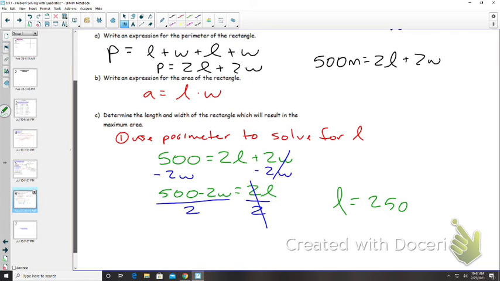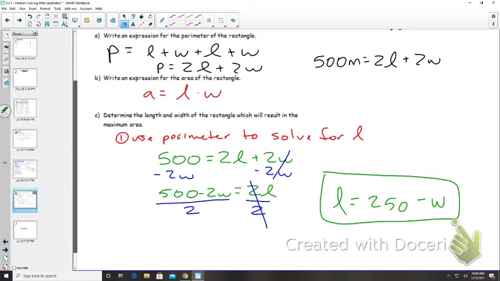Man, the smartboard's long today. So 500 divided by 2 is 250, and then 2W divided by 2 is W, right? So 250 minus W is equal to L, okay? So we have now solved for L. This is step 1.